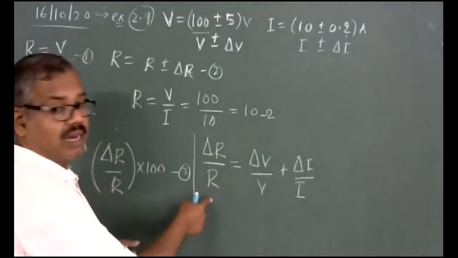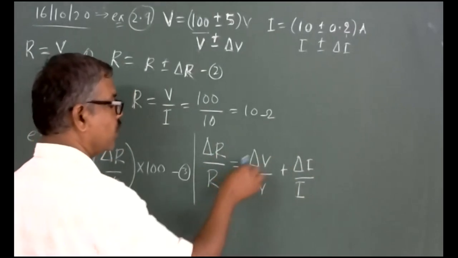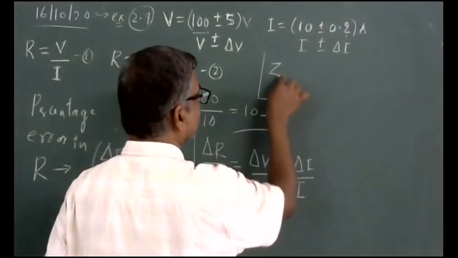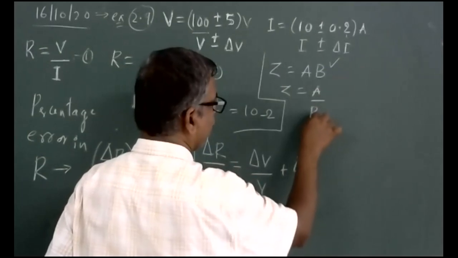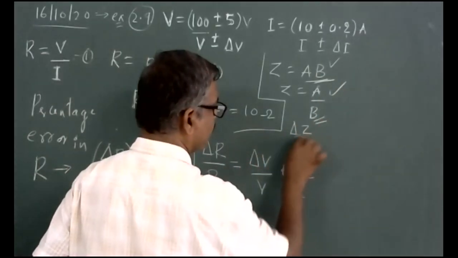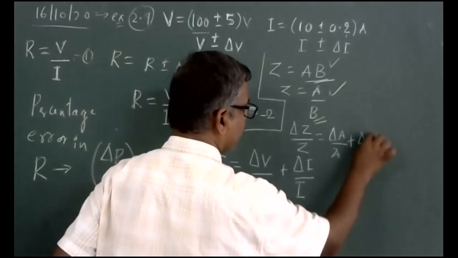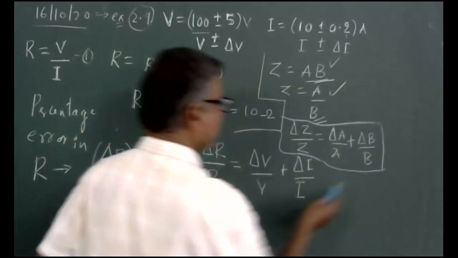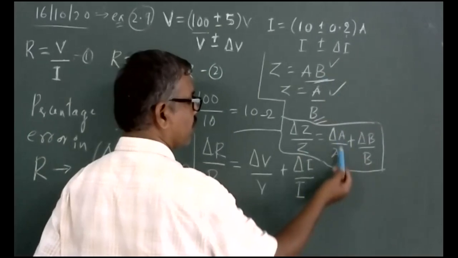So delta R by R is equal to delta V by V plus delta I by I. Like in the previous example, delta Z by Z is equivalent to delta A by A plus delta B by B, whether Z equals AB, which we proved, or Z equals A by B. So this is the rule: the relative error in Z is equal to the sum of the relative errors in the individual quantities, delta A by A plus delta B by B.